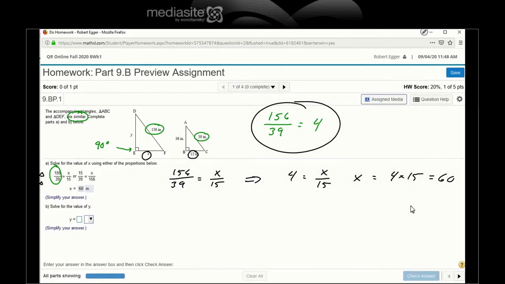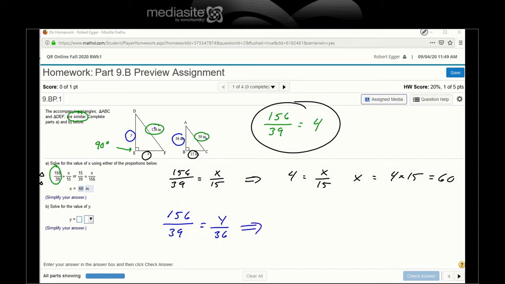Okay, and solve for y. Y and corresponding sides. So let's use our known relationship. So 156 is to 39 as y would be to 36.